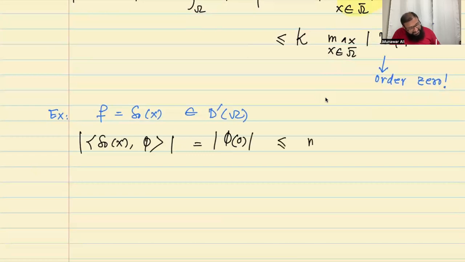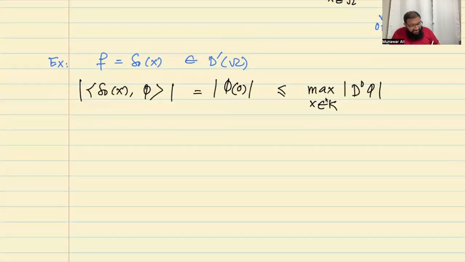And phi of 0 is less than or equal to the maximum of the 0th derivative of phi, where x is from some compact set. Again, you can say that the order of this distribution is 0 because I have no derivative involved, so 0 derivative.